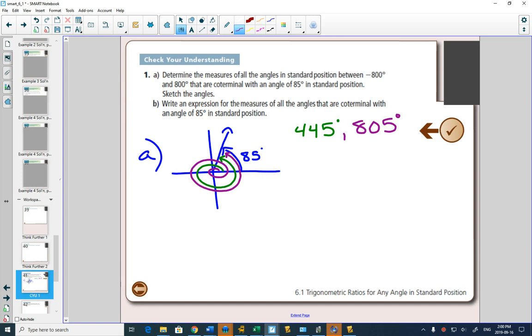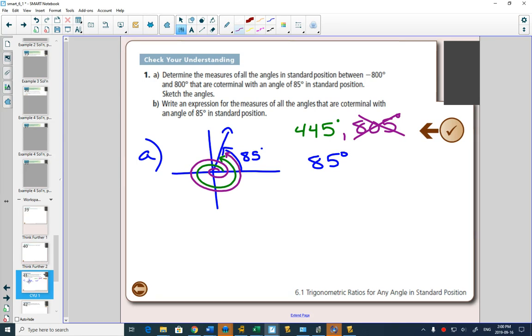I was only supposed to go up to 800. 805 is too much, so that won't be in my solution. Generally, when it says to list all the angles coterminal with something, we also include that angle in there. 85 degrees ends at the same place as 85 degrees. It's coterminal with 85 degrees.